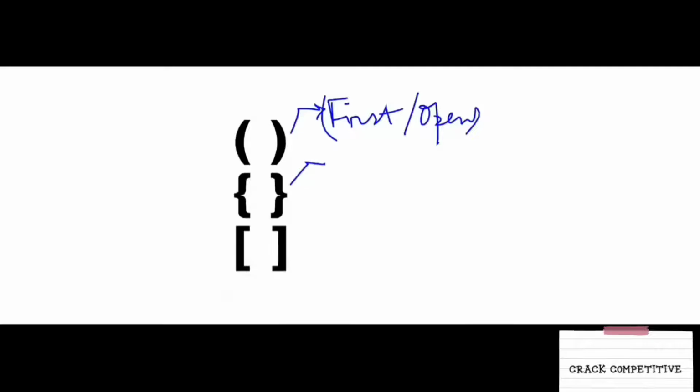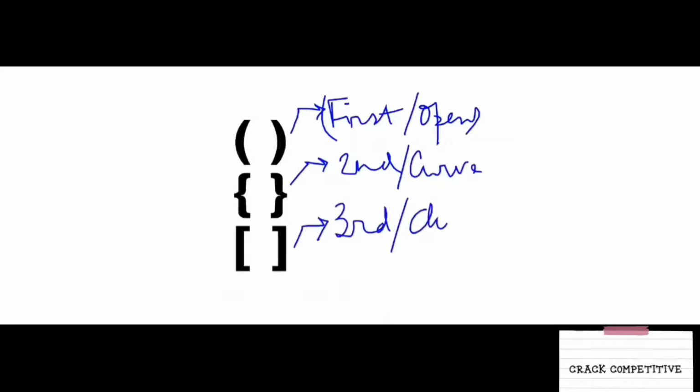Then it's the second bracket, or curved bracket, C-U-R-V-E. And lastly, it is the closed bracket, or third bracket. These are the names of these three brackets.